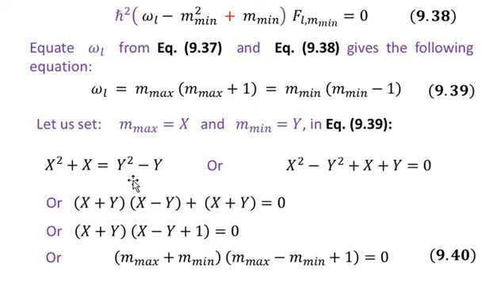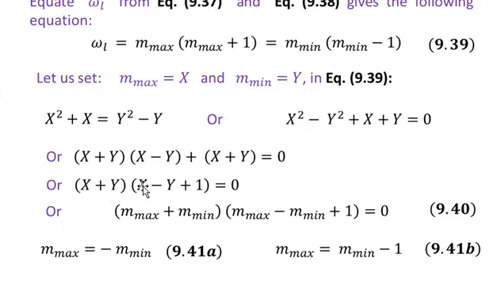You can factorize this one: the first factor is x plus y times x minus y, and the other factor is plus x plus y. You can take x plus y common, so you have the product of two factors, x plus y times x minus y plus 1 is equal to 0.